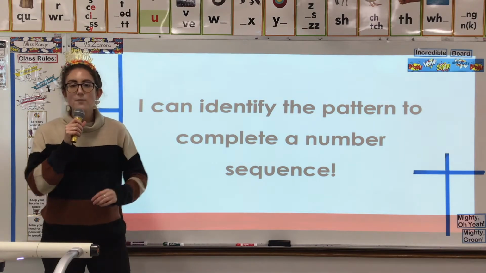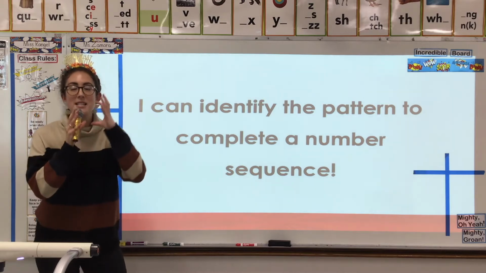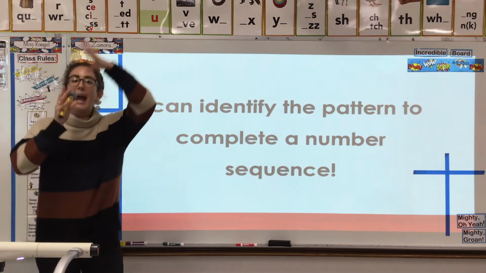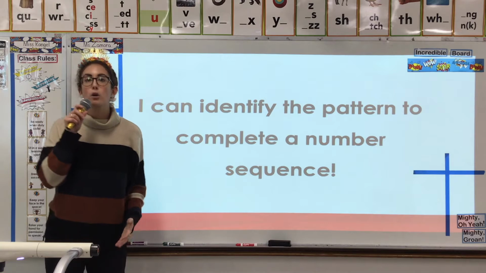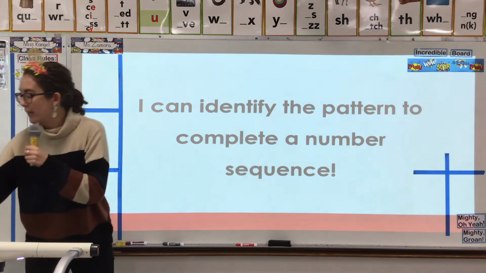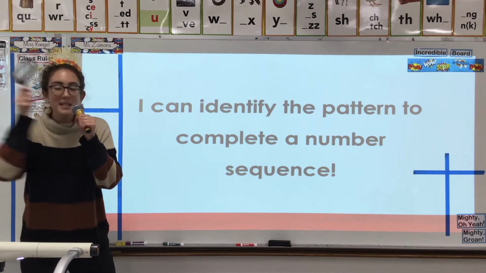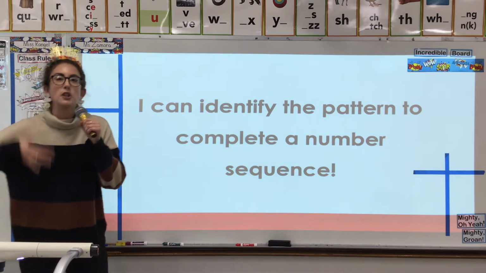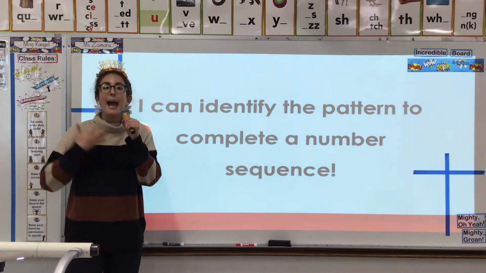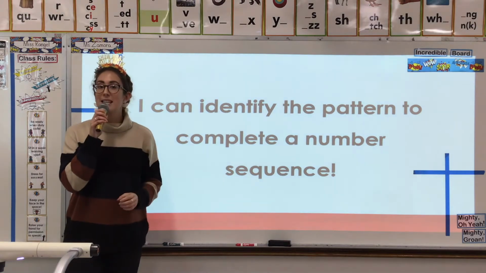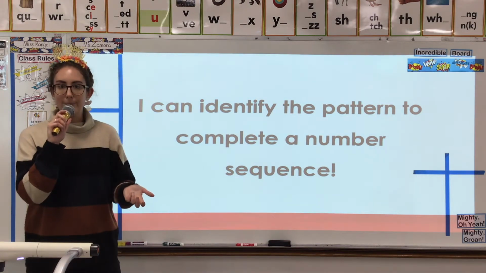So like I said, we're going to be taking our skills from just one number and expanding them to a group of numbers. We're going to have to be mathematician detectives today, using our place value skills to look at these groups of numbers and use our decoding skills to solve a problem.